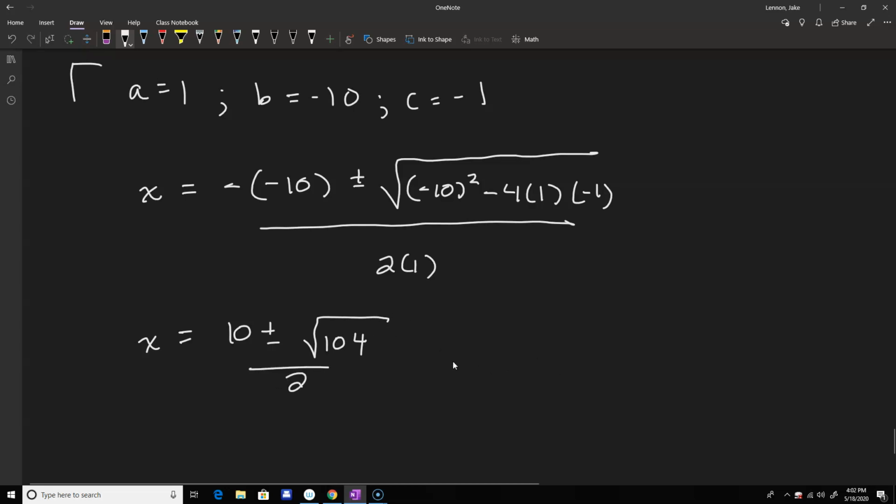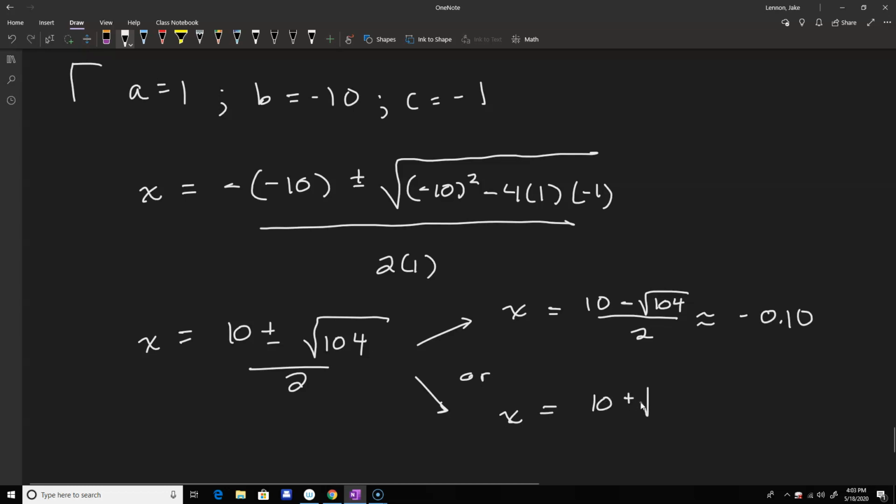So basically your 2 solutions, in this case, x could equal (10 - √104) / 2, which has an approximate value of -0.10, or x could be (10 + √104) / 2, which is approximately 10.10.